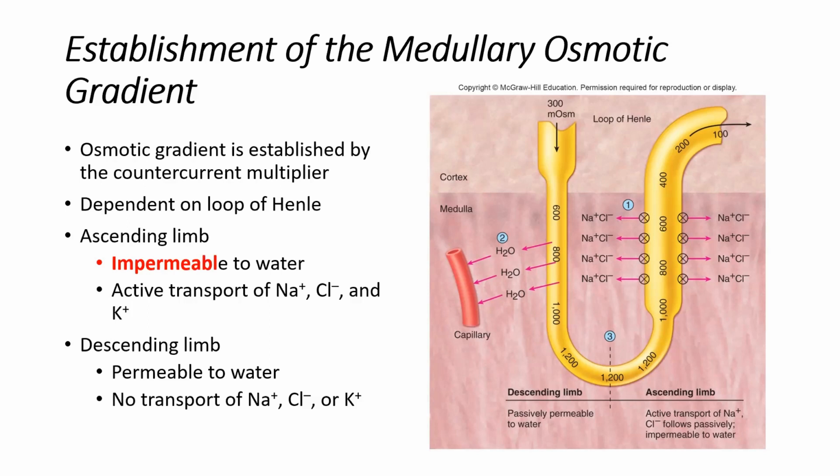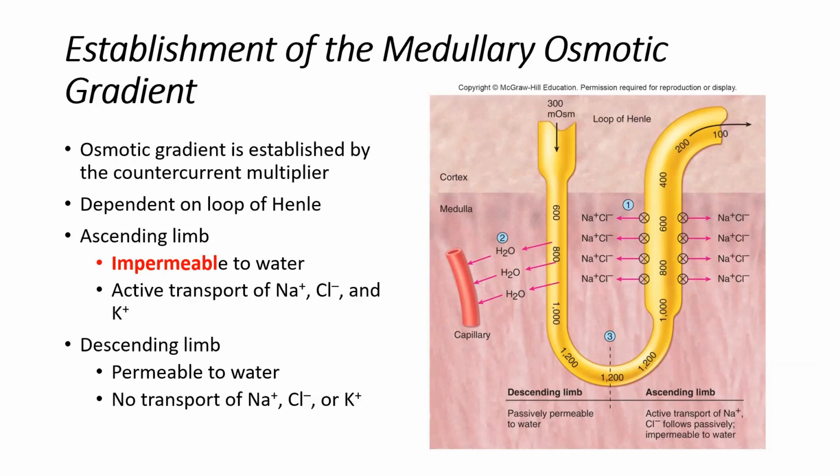Okay. All right, so we're looking at how we establish this medullary osmotic gradient. How do we end up having the interstitial fluid of the medulla so concentrated, having such a high osmolarity? So essentially, we start out by using what's called the countercurrent multiplier. And the countercurrent multiplier is a really fancy word, right? I hate when we see this large, fancy, sort of convoluted terminology.